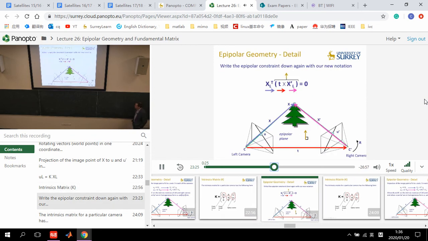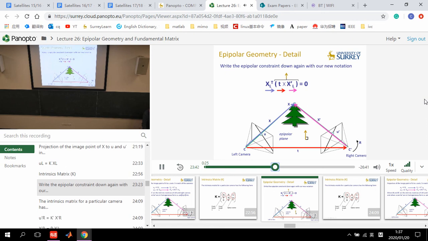Okay, well, let's just put that diagram up one more time. Again, nothing's changed except the notation. Let's just satisfy ourselves we understand this. We're talking about this red vector, this baseline, being T. We're talking about this ray of light here on the right-hand side being x prime, but we're just putting the subscript L in to remind ourselves we're talking about it with respect to the left-hand reference frame. And the ray of light from the first camera, that's XL as well.